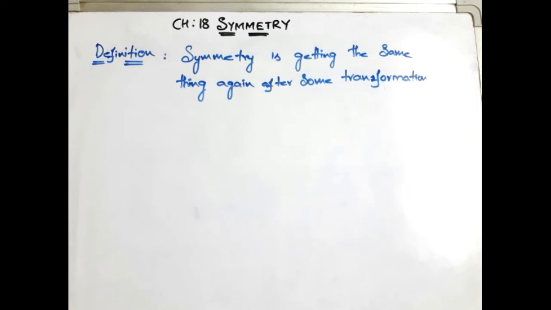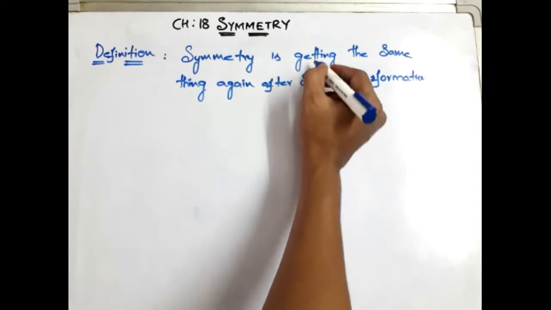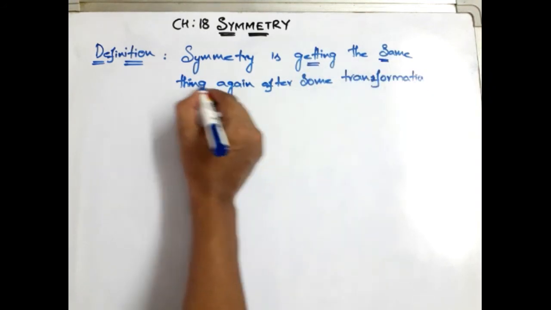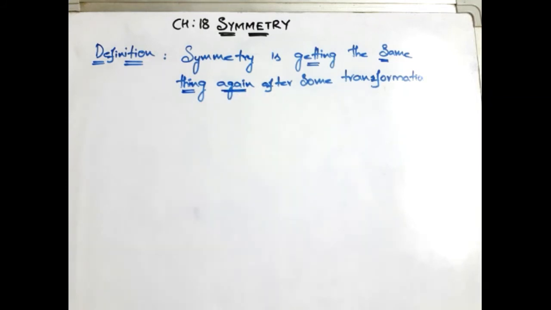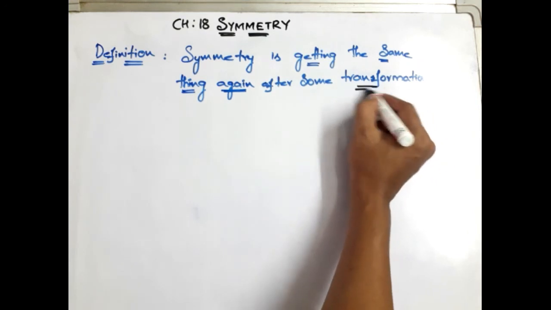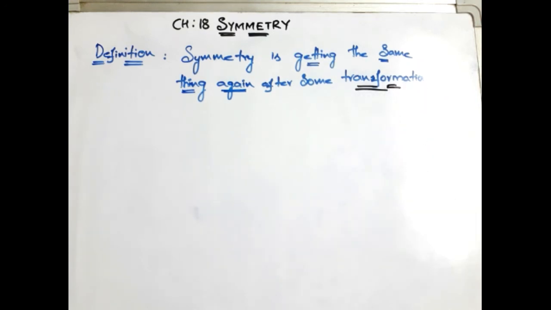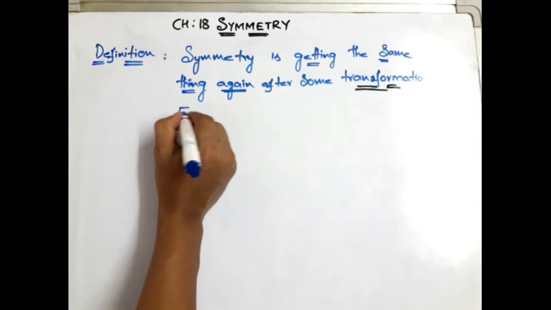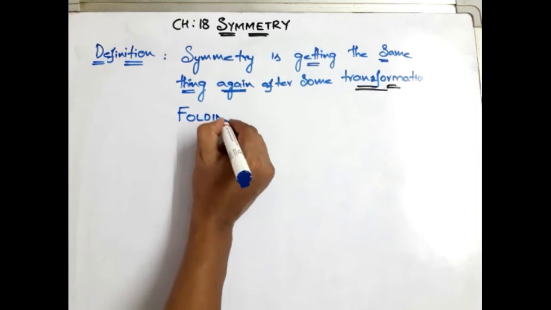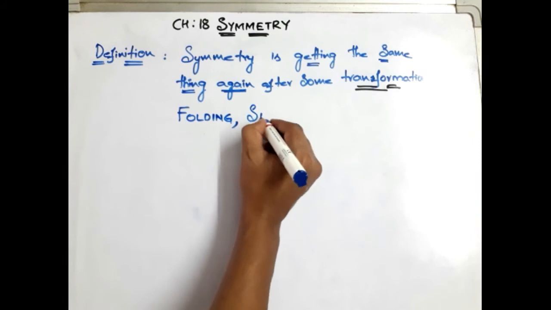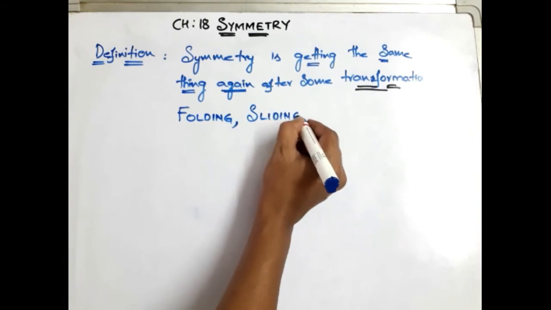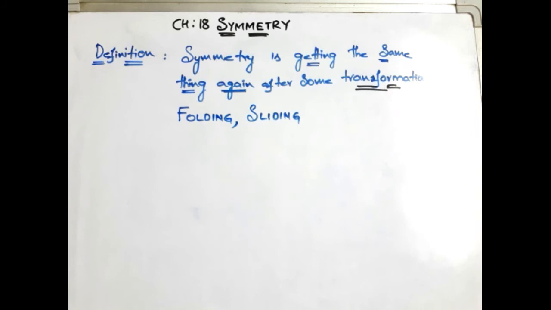Look, symmetry is getting the same thing again after some transformation. Getting the same thing again, I think you understood up to here. Now what does the word transformation mean here? Transformation here means either folding or sliding, such kind of things. That means the transformation can be done using folding or sliding.